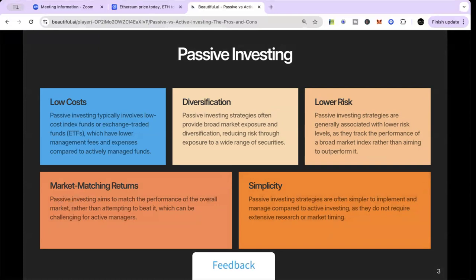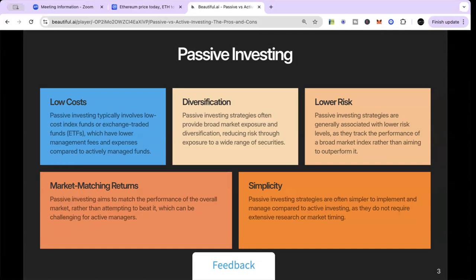So, talking about passive investing. Passive investing typically involves low-cost index funds, as we told you, or exchange-traded funds. And the beauty of that is they have lower fees. We call it cheap beta in the financial world, because active investing has expensive fees. You might have to pay 5% a year to actively managed funds.